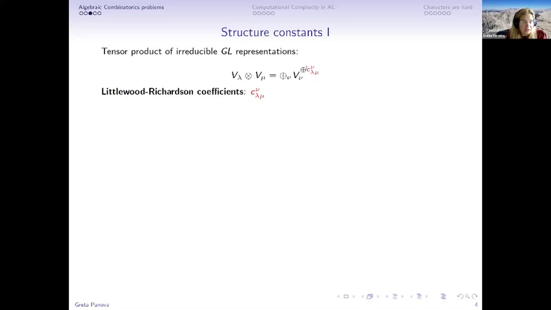In the case of the general linear group, these coefficients are the Littlewood-Richardson coefficients. They serve as a motivational problem in a lot of algebraic combinatorics. There are special cases of the Schubert structure constants also in algebraic geometry, and so they appear everywhere somehow.